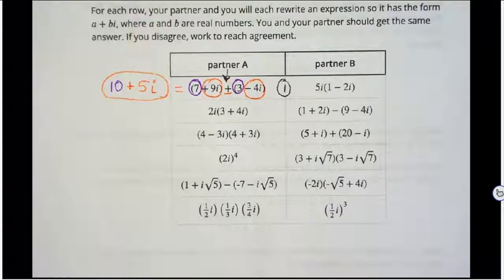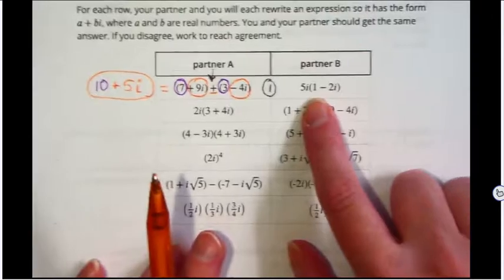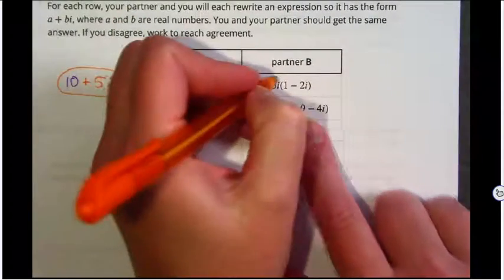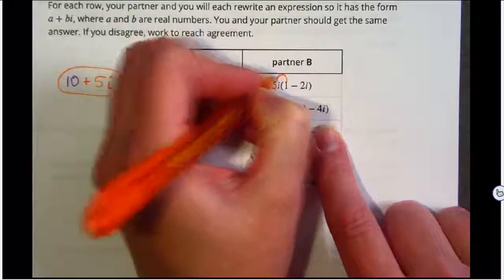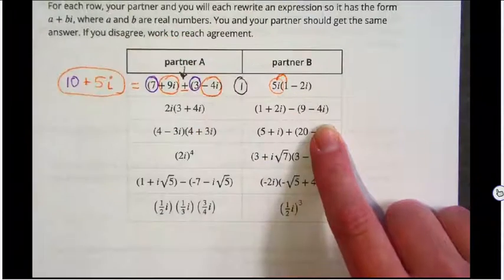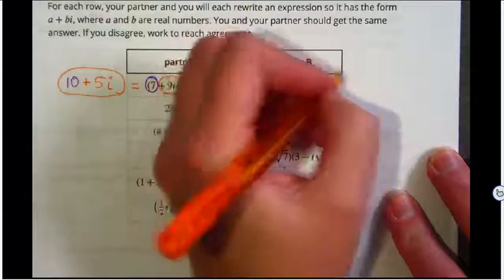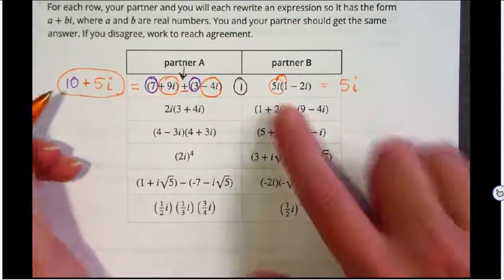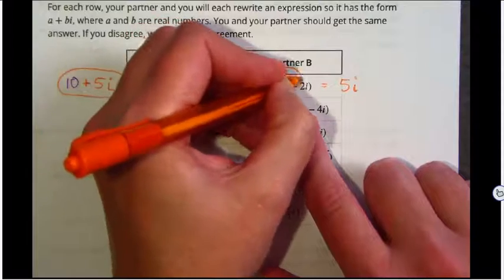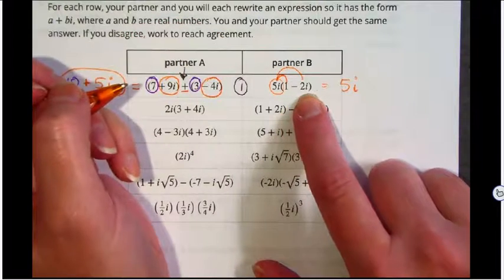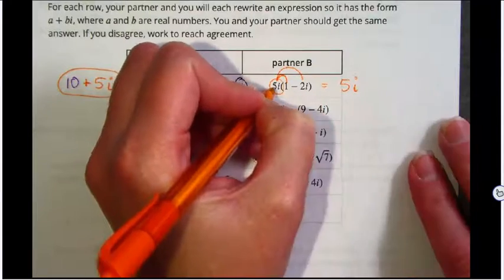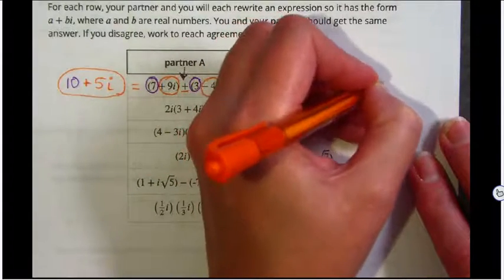On the other side, partner B might be looking at this same kind or a different problem, and let's see if we can get to the same answer. This looks like distributive property: 5i times 1 and then 5i times negative 2i. So I have a positive 5 times a negative 2, which is a negative 10.